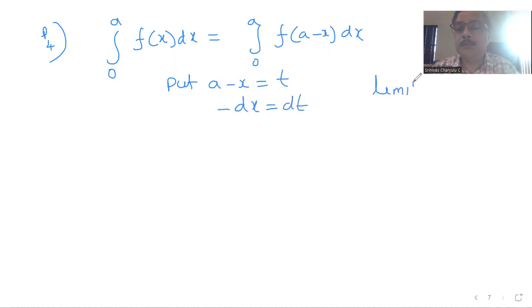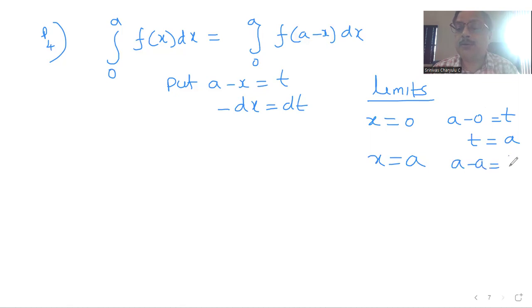Then limits, we have to change. When x is equal to 0, a minus 0 is equal to t, or t is equal to a. When x is equal to a, a minus a is equal to t, so 0 is equal to t. That means the lower limit 0 became a.